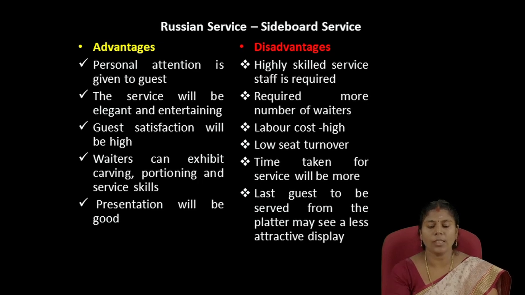So the labor cost may be high, and the seat turnover is also low, because each customer has to choose their dish items, right? And the time taken for service will also be high.